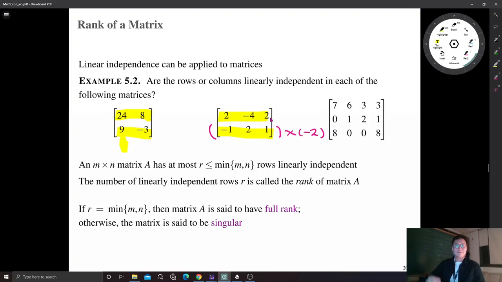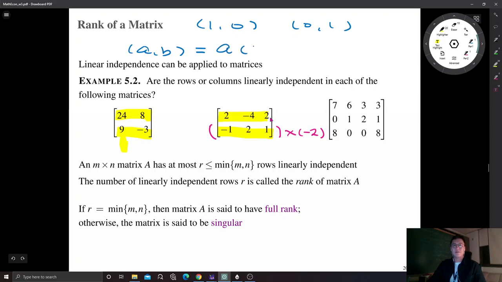All right? So this is why in two-dimensional space, we need two axes. With two linearly independent vectors, the unit vectors (1, 0) and (0, 1), we can express every vector defined in two-dimensional space. Say (a, b) is a linear combination of these two vectors: a times (1, 0) plus b times (0, 1), right?